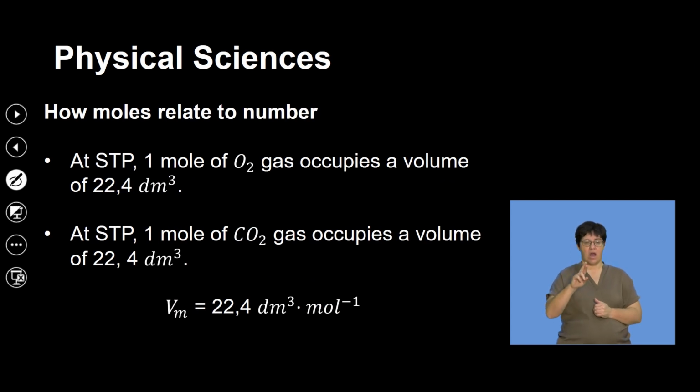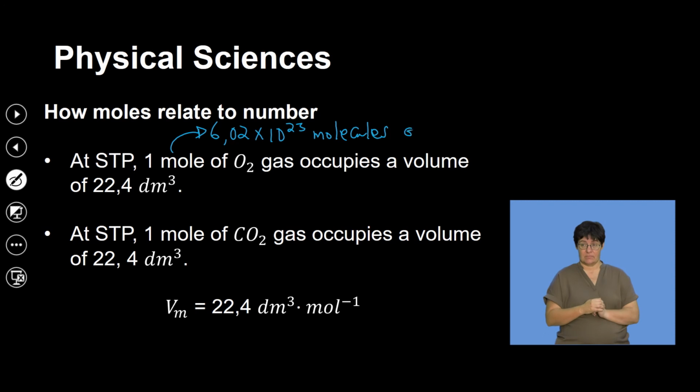How do moles relate to number? At STP, 1 mole of oxygen gas occupies that volume. If we talk about a mole of oxygen gas, it has a fixed mass. This mole contains 6,02 times 10 exponent 23 molecules of oxygen. That's the number of molecules present in 1 mole.